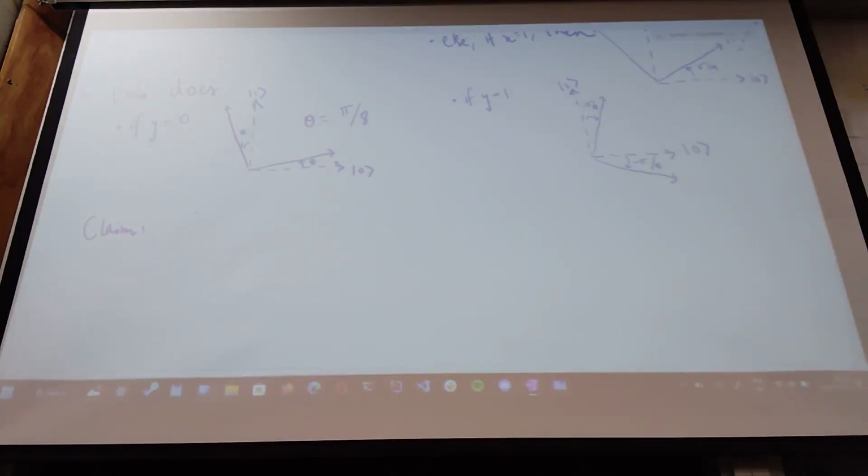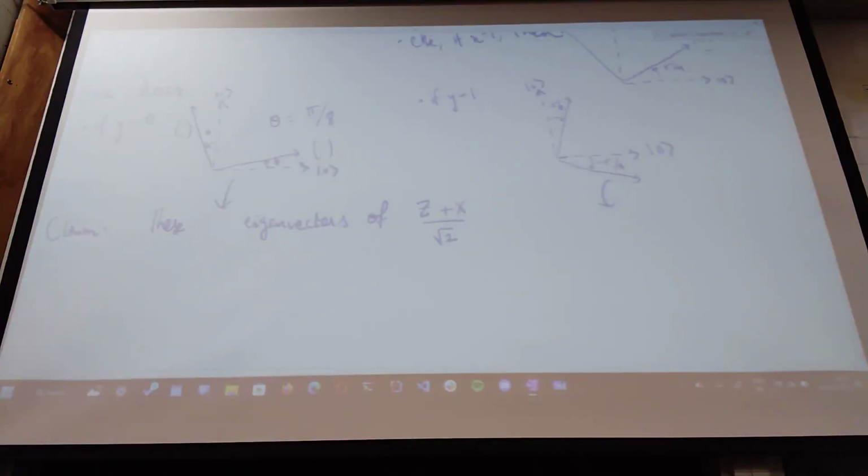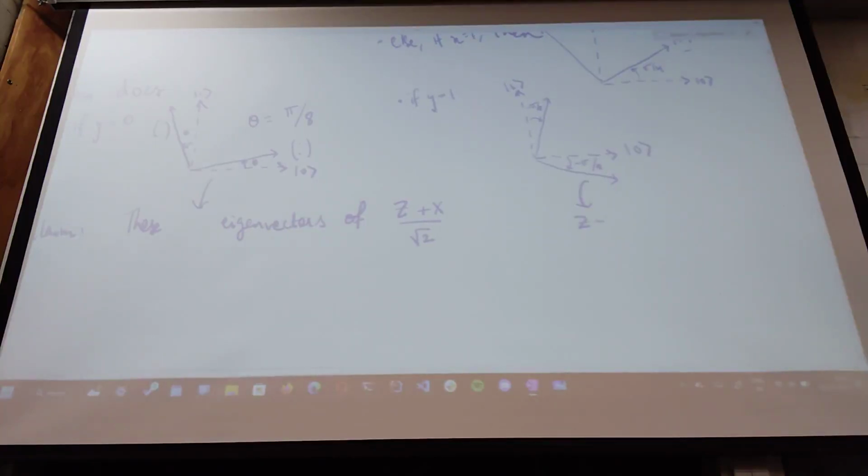The claim will be that these are the eigenvectors. Again, if you represent these as column vectors from what we discussed in the first session, these are the eigenvectors of the operator z plus x over square root 2, and these are the eigenvectors of z minus x over square root 2.